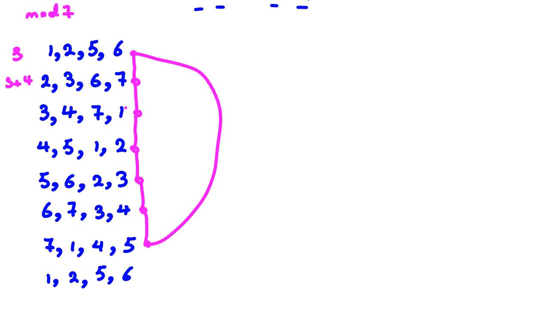Here, 7 goes to 1. For example, when 4 goes to 5, we know it's plus 1. When 7 goes to 1, if we consider mod 7, it will be minus 6. What we want to see mod 7 is again plus 1 because you can add 7.